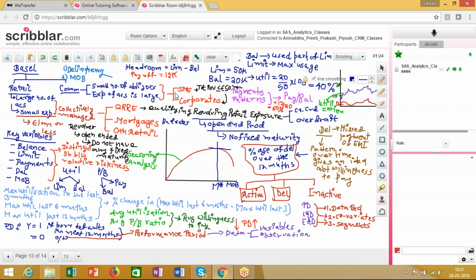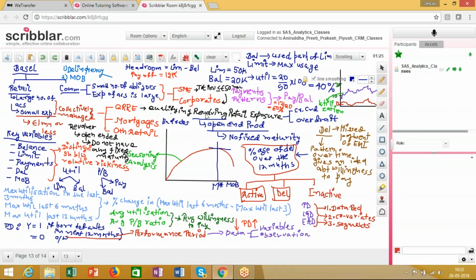So basically, the commercial portfolio is divided into two parts, right? SMEs and corporates. SMEs are small and medium scale enterprises, and then we have corporates.